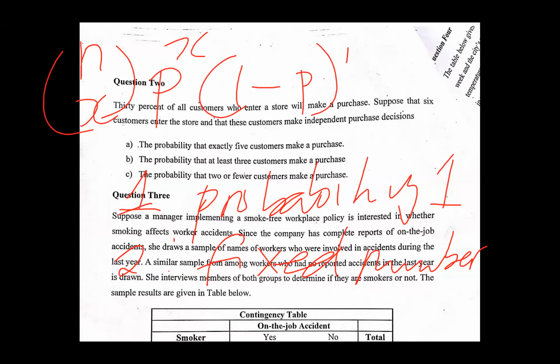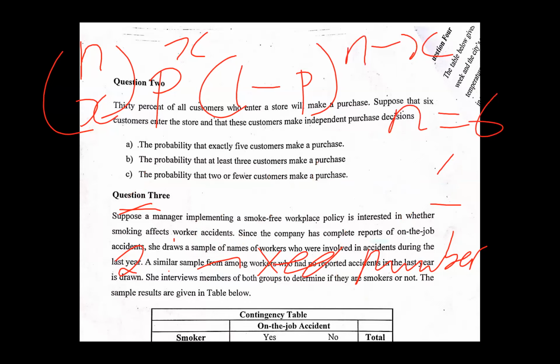Suppose that you have 6 customers. So it means your N is 6, that's the total sample. Now, what is the probability that exactly 5 will make a purchase?